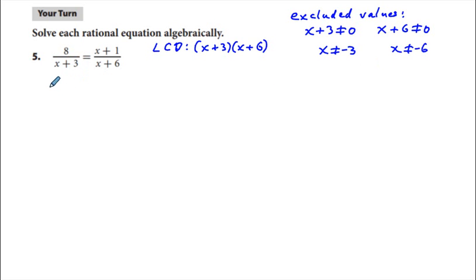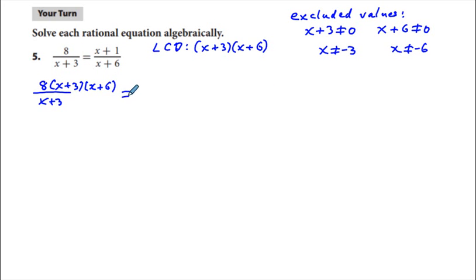So let's go ahead and work out this problem. We have 8 over x plus 3, and we multiply this by our least common denominator, quantity x plus 3 times quantity x plus 6.